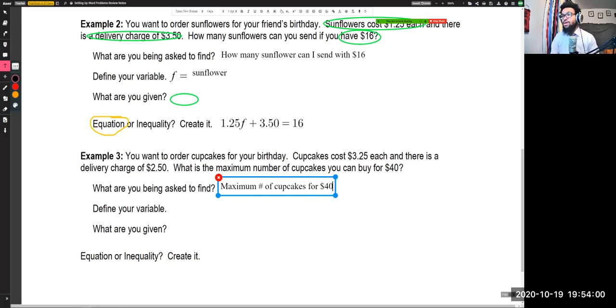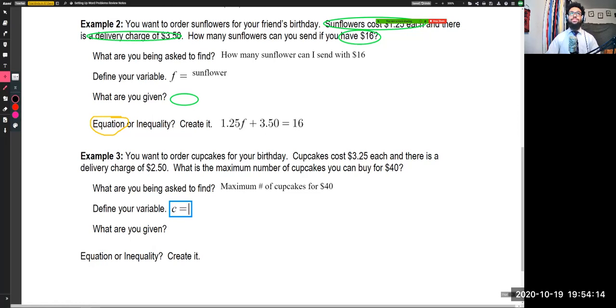So let's define it with a variable. I'm going to choose C for cupcake as my variable. And C is going to be the number of cupcakes. All right.